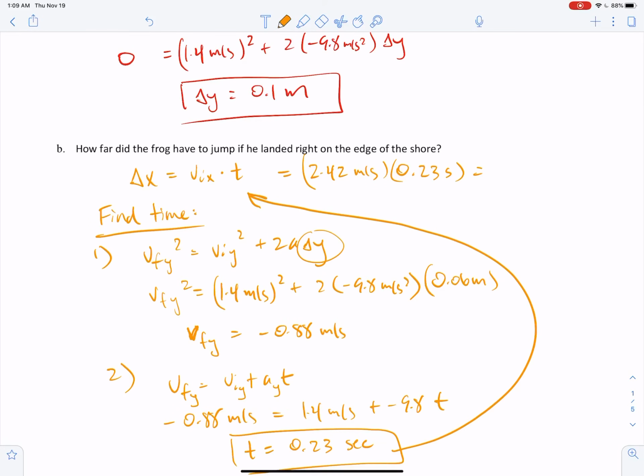And I get that the range is going to be 0.56 meters. So that is it for that question. That's how far away the frog jumps horizontally when it hits the edge of the shore.